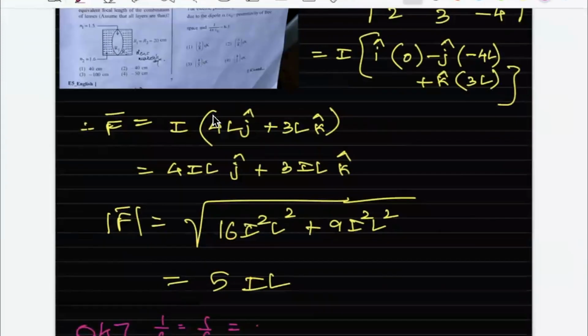Okay. So mu2 upon mu1, so outside we will assume air. Inside for the liquid lens, I'm assuming it's a liquid. So is N2 1.6 minus 1, and 1 by R1 minus 1 by R2.